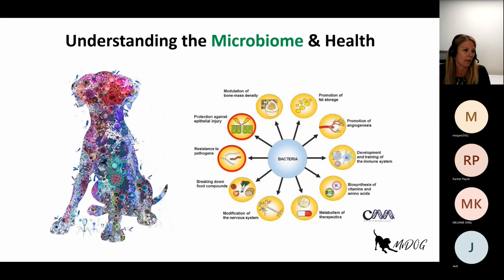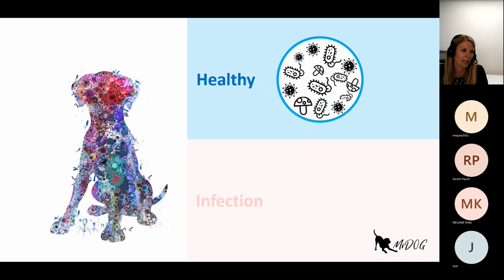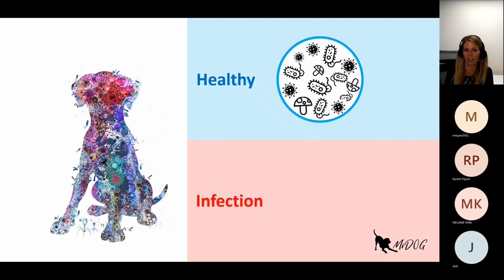So they help with protection against epithelial injury, and they break down our food components as well as helping with resistance to pathogens. And by swabbing thousands and thousands of different individuals, we can start seeing that there is a strong signature of what a healthy microbiome looks like, whether it's the skin or ear or gastrointestinal tract.